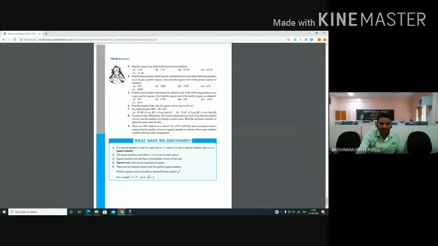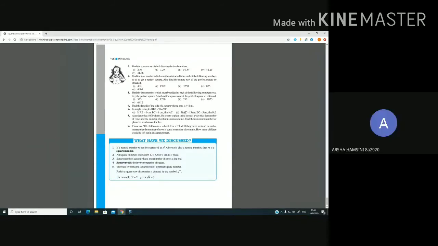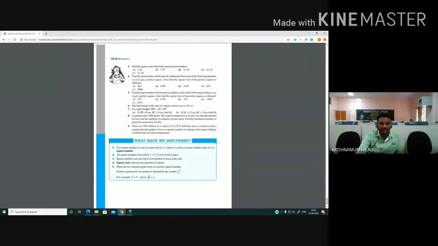B question: if line segment AC is equal to 13 centimeters, and if line segment BC is equal to 5 centimeters, find AB. Okay, this is the given information.